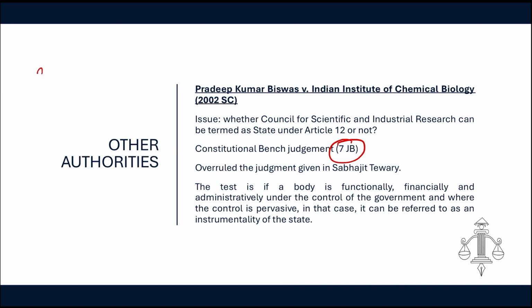So for example, if there is a decision of a 3-judge bench and it has to be overruled, then it must be overruled by at least a 5-judge bench. 5-judge bench है तो 7-judge bench, 7-judge bench है तो 9-judge bench. अभी तक मैक्सिमम जो हमारी बेंच बैठी है, that is 13-judge bench in Kesavananda Bharati versus State of Kerala.